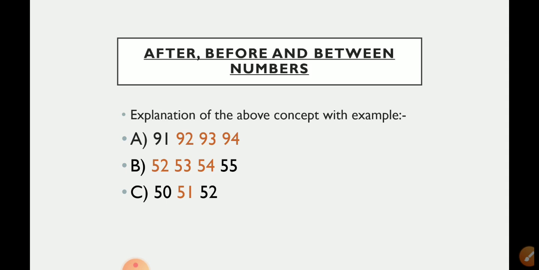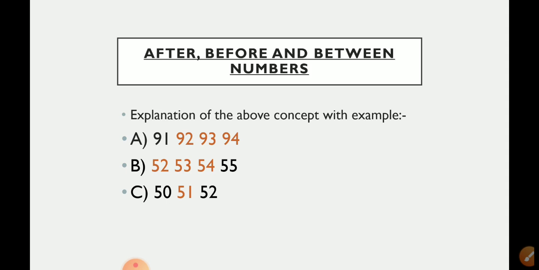See here again I have shown you in the orange and black color format, the color differentiation is there, where the black color in the A example is the after number. That is, if I give 91 and give 3 blanks, you need to fill the after numbers after 91. That is 92, 93, 94.